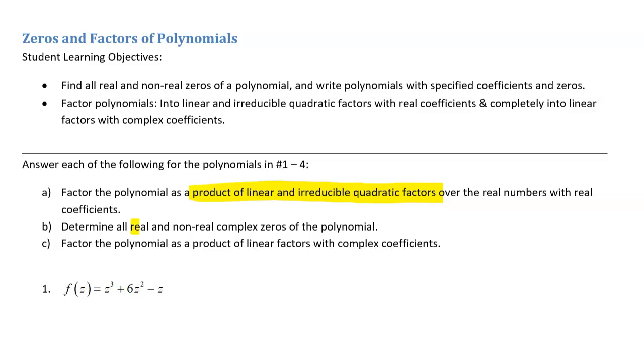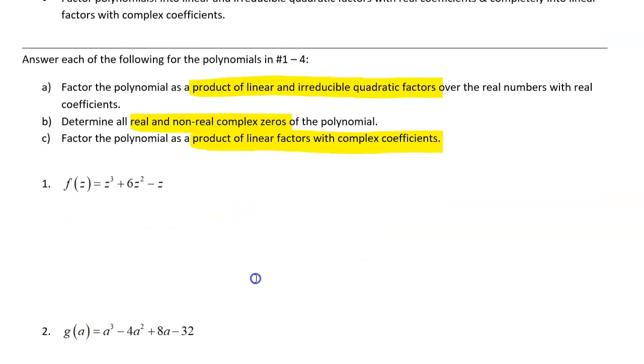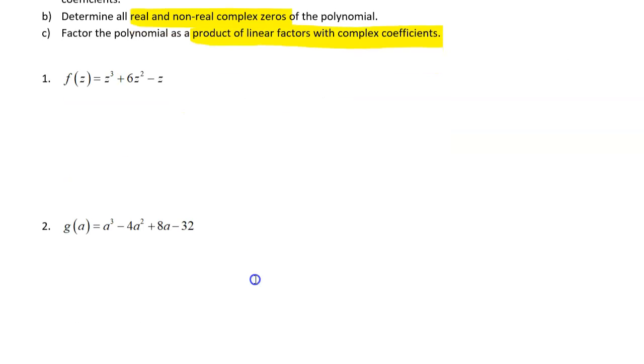Part B says determine all real and non-real complex zeros. You'll see those words again. And part C is referring to a product of linear factors with complex coefficients. We'll talk about these more as we progress through the problems. I just wanted to bring those to your attention.